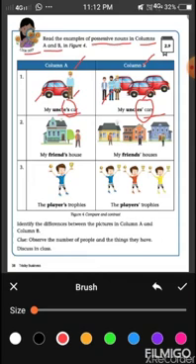Shall we see the next one? Yes. My friend's house. My friends' houses. So here we have only one house, only one boy. So we are adding the apostrophe before the S. Here we have 3 houses and 3 boys.